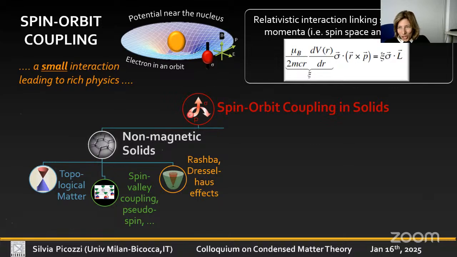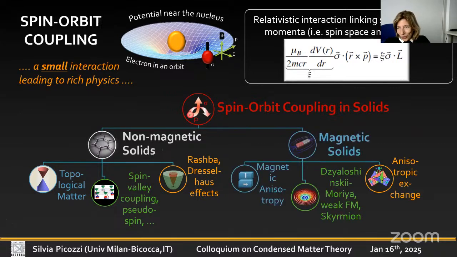So many of the topologically non-trivial effects that have been studied during the last couple of decades are in many cases rooted within spin-orbit coupling. So some exotic band structure effects like Rashba or Dresselhaus or spin valley coupling, in many cases they are driven by spin-orbit. And of course in magnetic solids, that is very important.